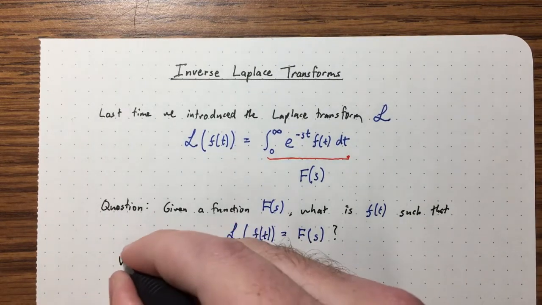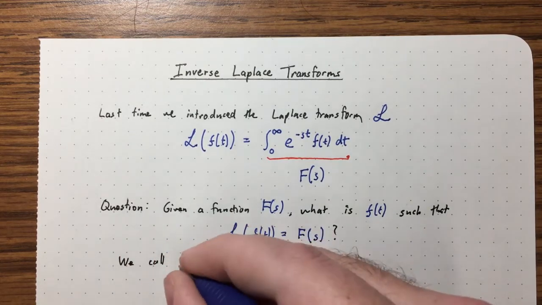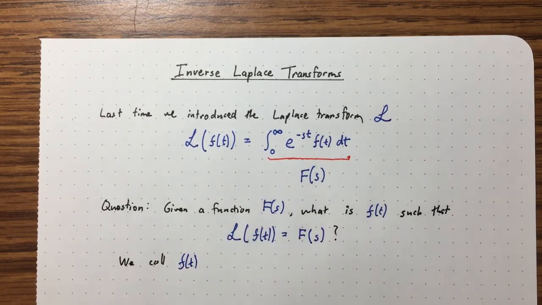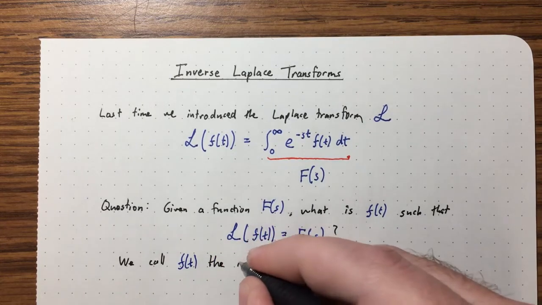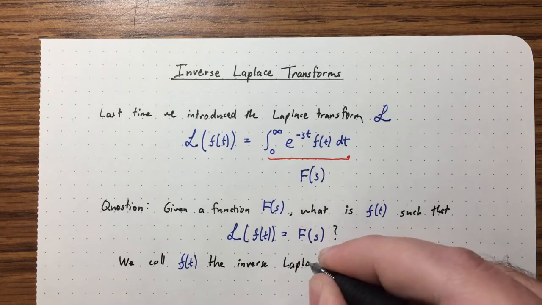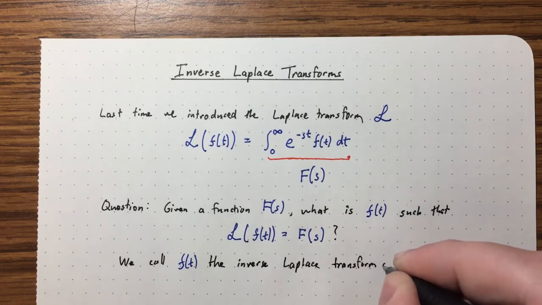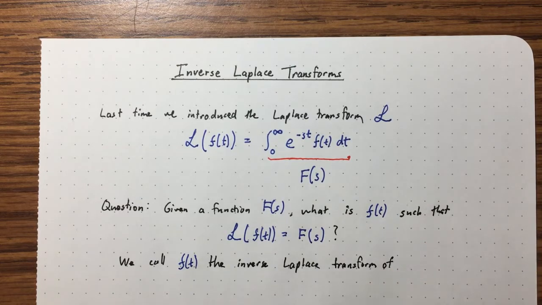And in this situation, we call this little f of t the inverse Laplace transform of capital F of s.